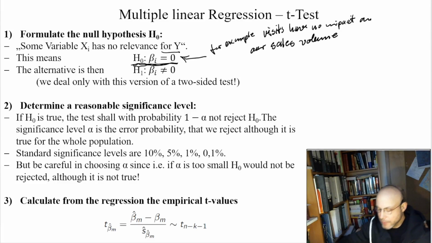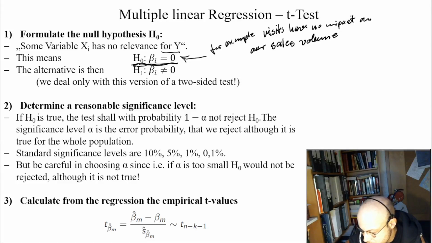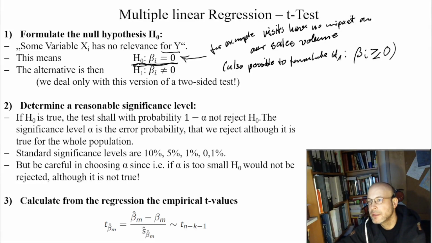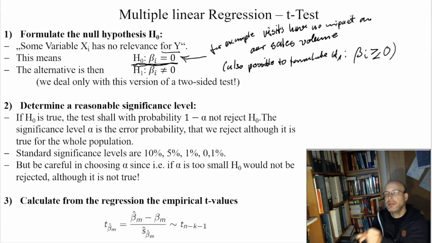It is also possible to formulate H0, H1 as beta i is larger or lower than 0, and this is then a so-called one-sided test, but in our lecture we want to test only two-sided, and then we formulate the alternative that beta i is just unequal to 0.